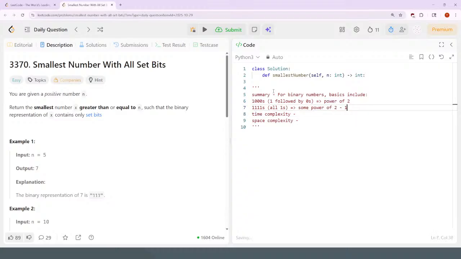And you can think of the logic there is because adding 1 to that binary value has a sum of 1 with a bunch of zeros, right?